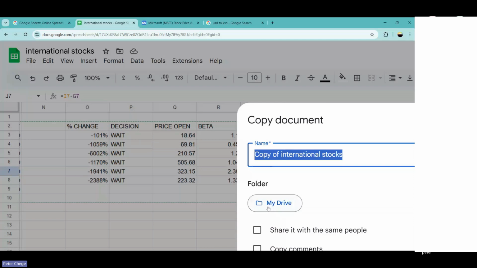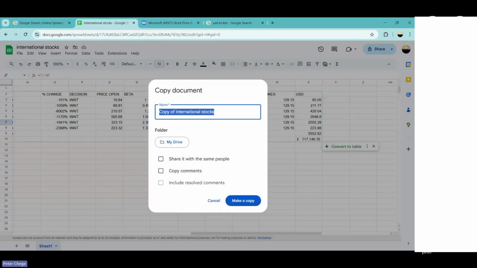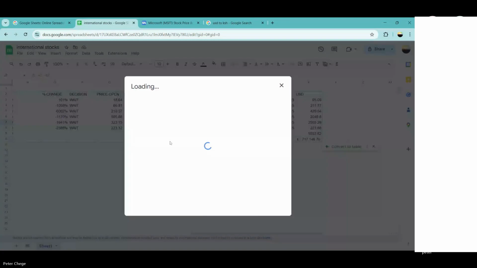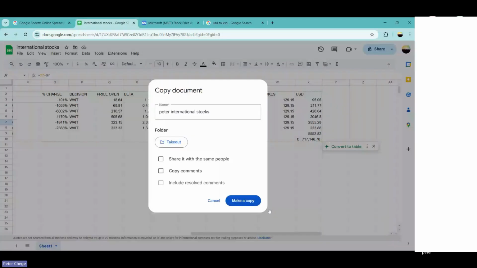You can leave it as international stocks, or you call it your name, Peter. Then on your drive, you can create a folder and select where you want to save. Then you can share this, as I said during our training for NSE.